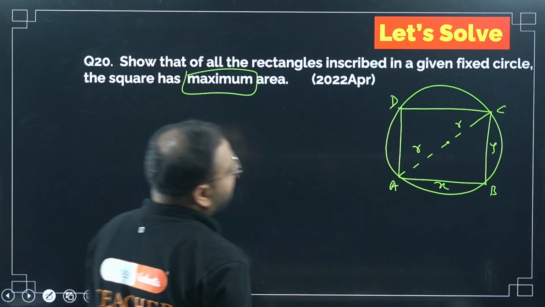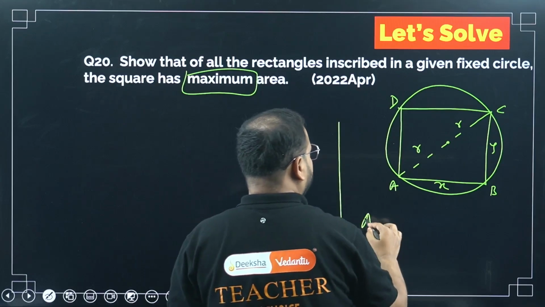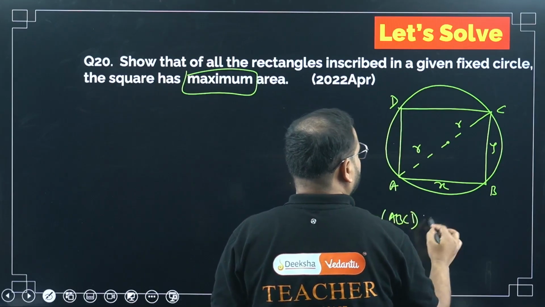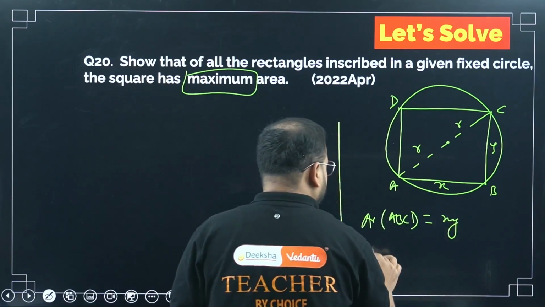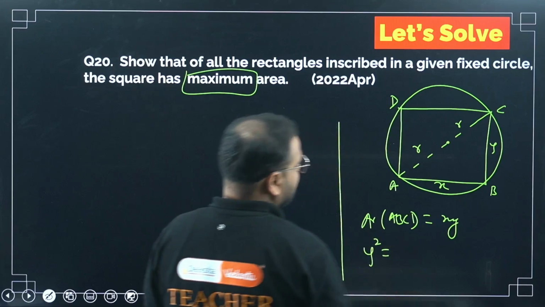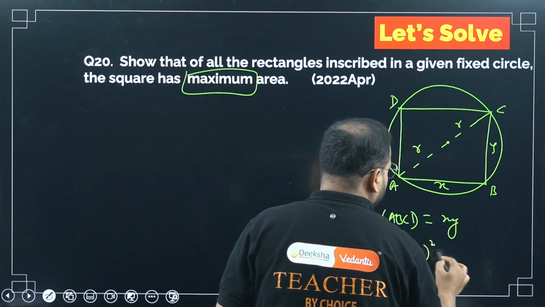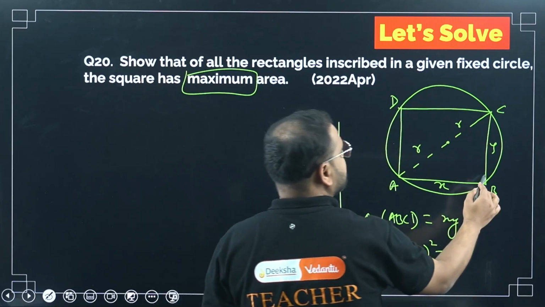So how will I write the area? Area of ABCD will be x times y. I can write y square as 2r the whole square minus x square, from right angle triangle ABC.